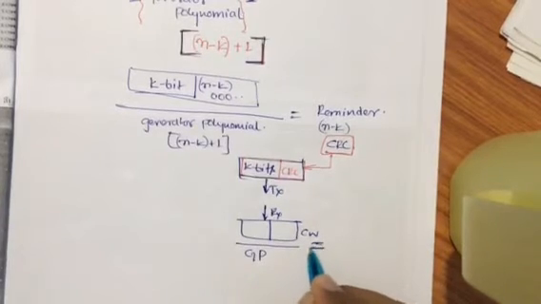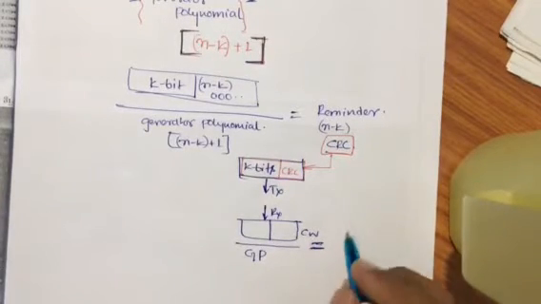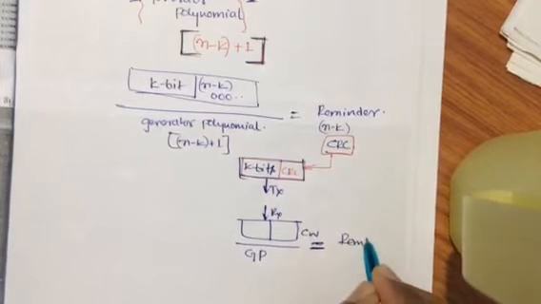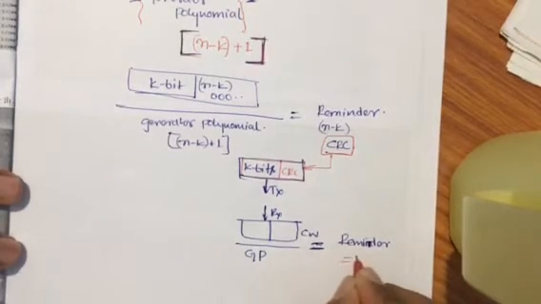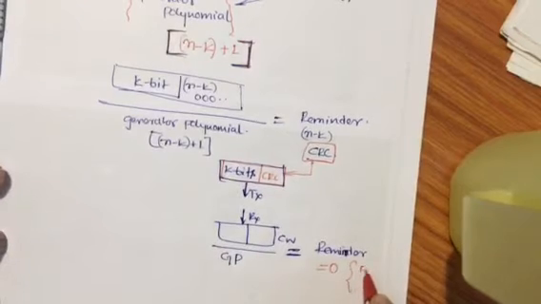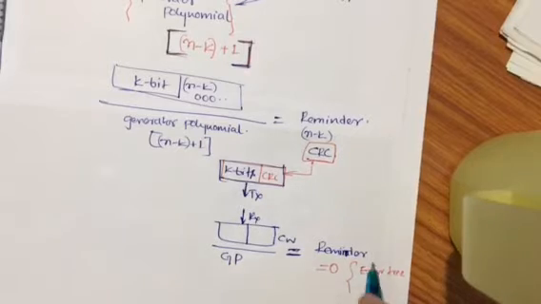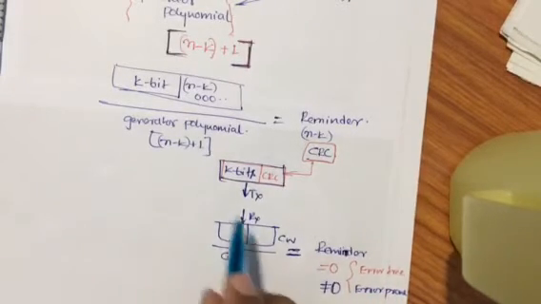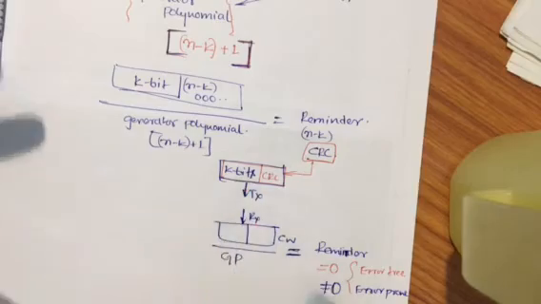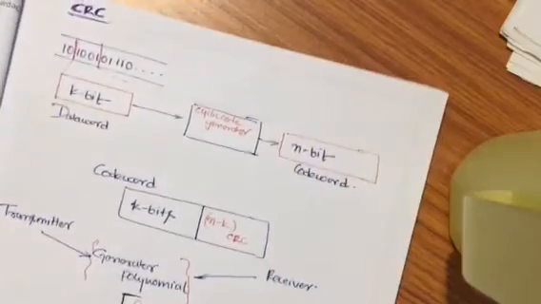If the remainder I get after this division is equal to 0, then it is error free. If it is not equal to 0, then it is error prone, and that particular packet of data will be discarded. So this is how general CRC is performed.